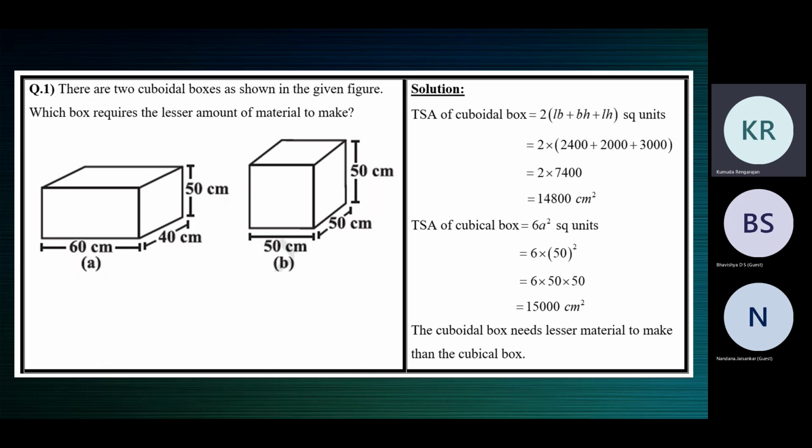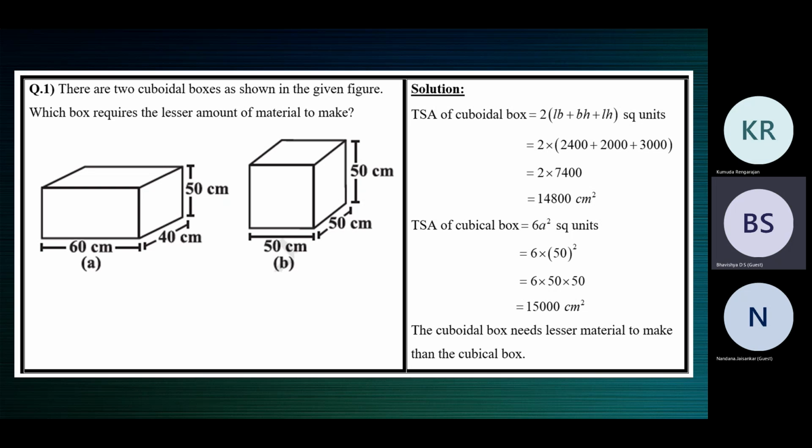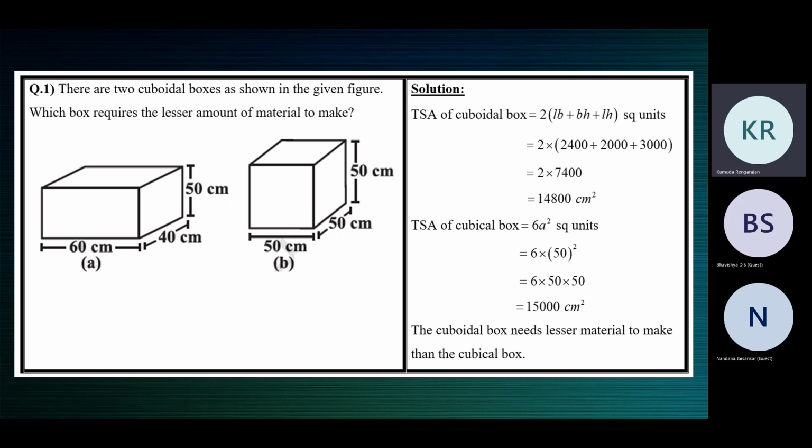Yes, ma'am. So which box requires a lesser amount of material to make? To make the box with less material, you should assume that the box is covered all over. All the 6 faces are covered with the material.